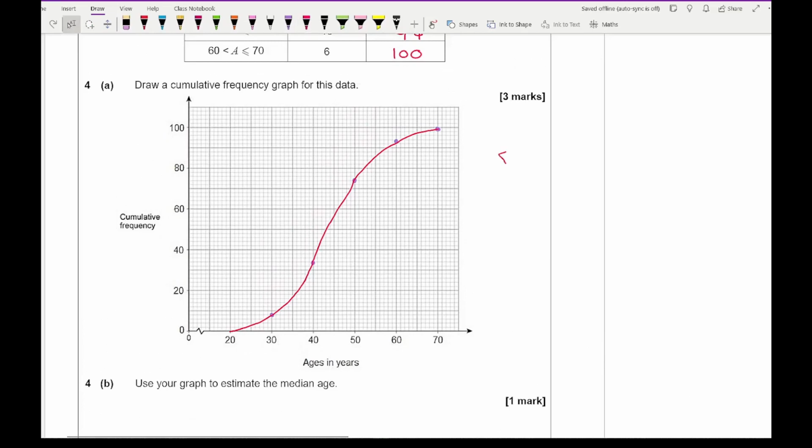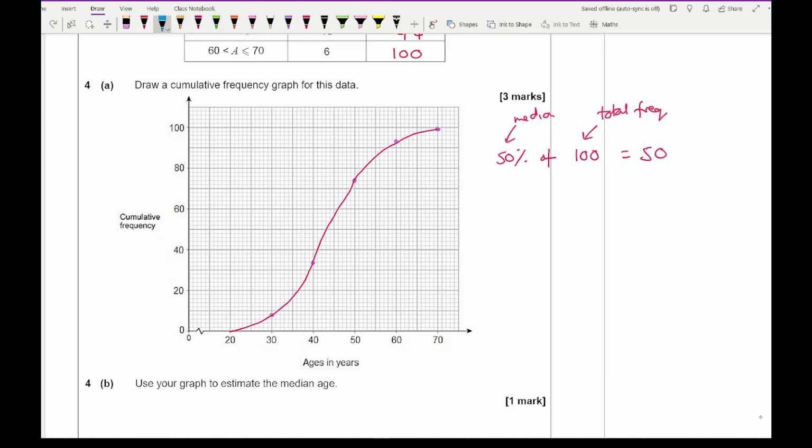So again, 50%, which is the median of the total frequency, which is 100. Now if that was different, it's not always going to be at 50. If the total frequency is 80, then the 50% mark would be at 40. But here it's at 50.